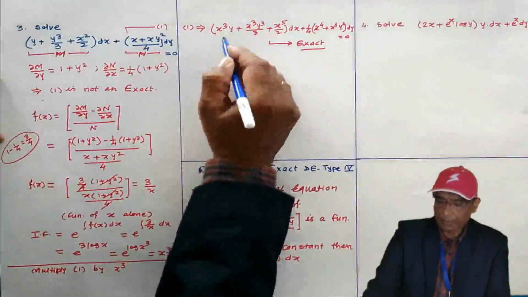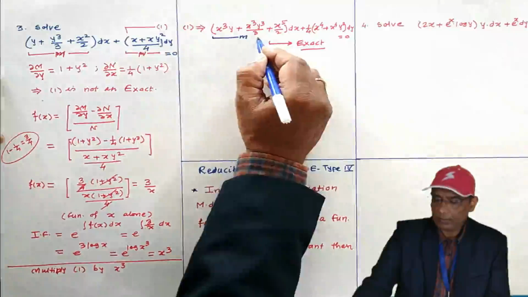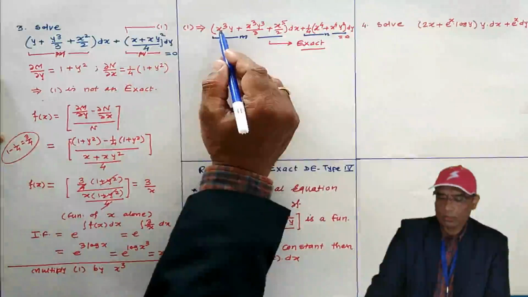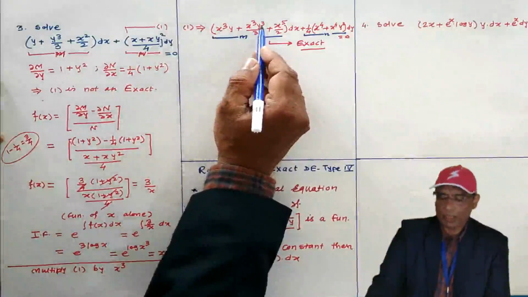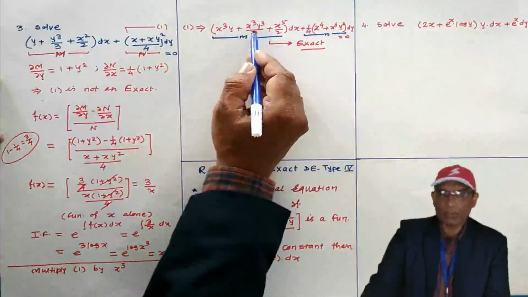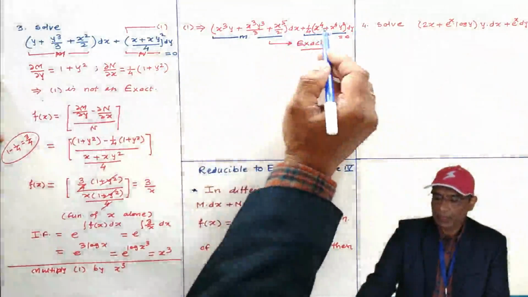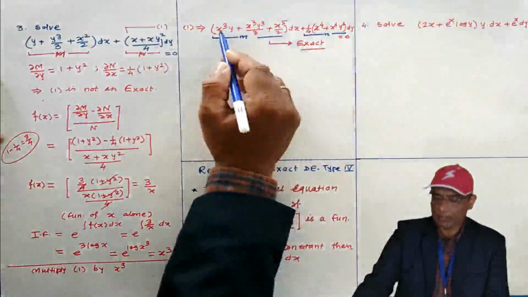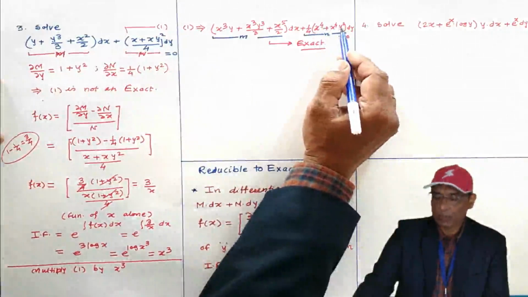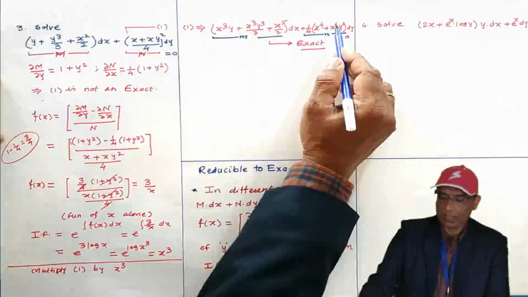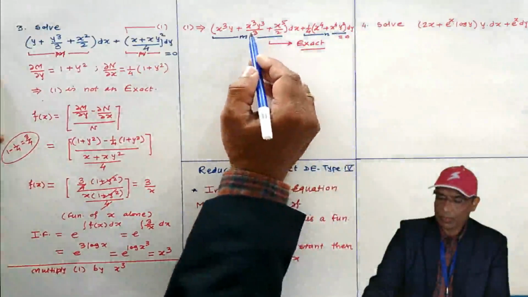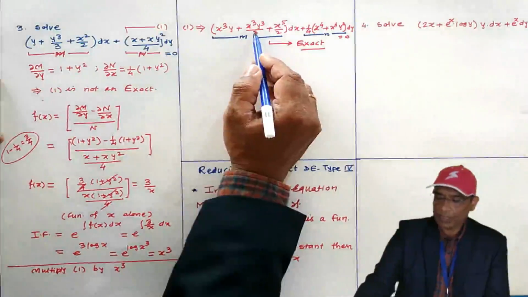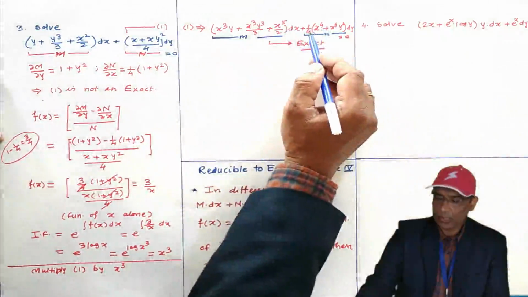This is small n. Del n by del y is x cube, then x cube y square, because 3 will get cancelled and the derivative of this will be 0. The derivative of this with respect to x is 4x cube y square, and due to this 4, the 4 will get cancelled.